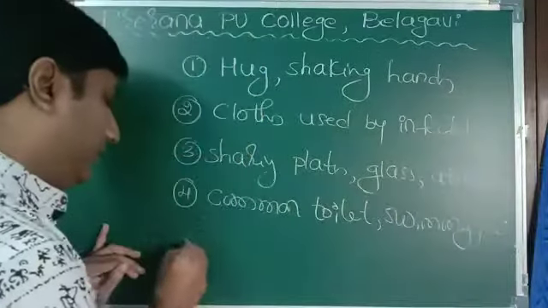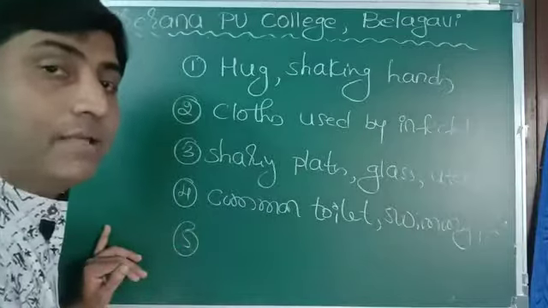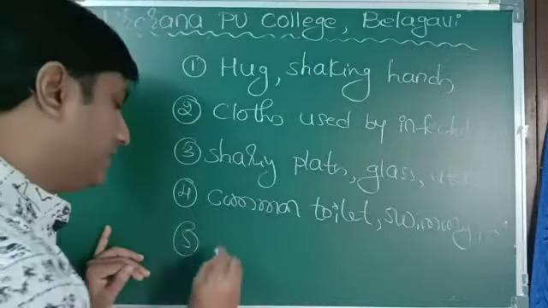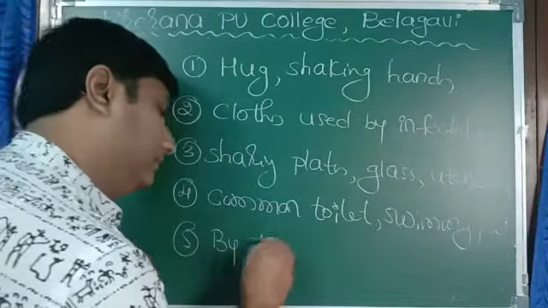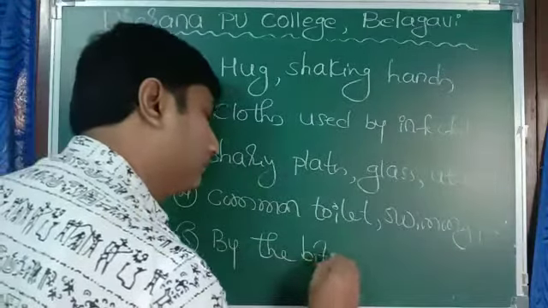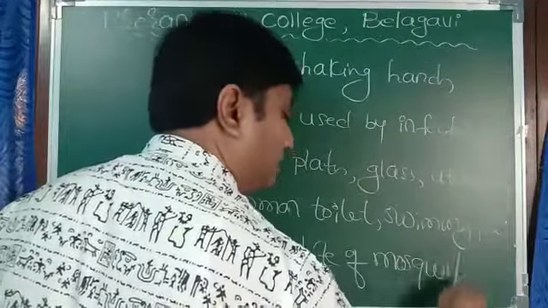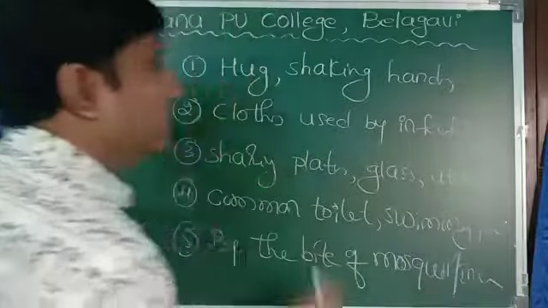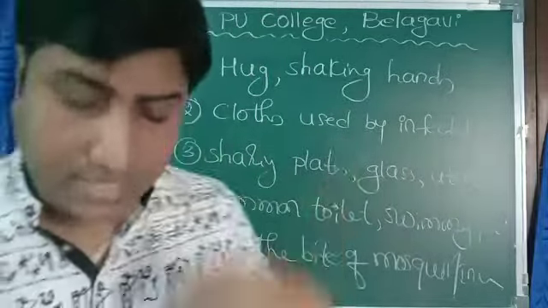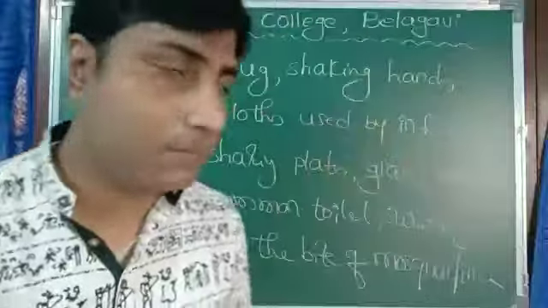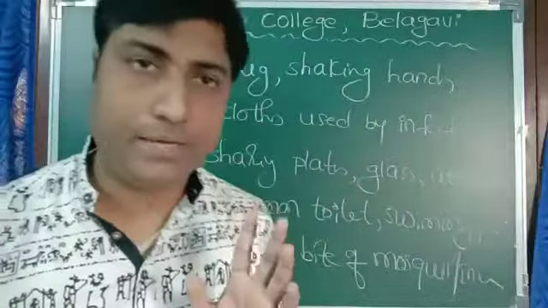And moreover, it will not come by the bite of a mosquito or any insect. So these are the ways in which it will not get spread from one person to another person. So this we have to keep in mind.